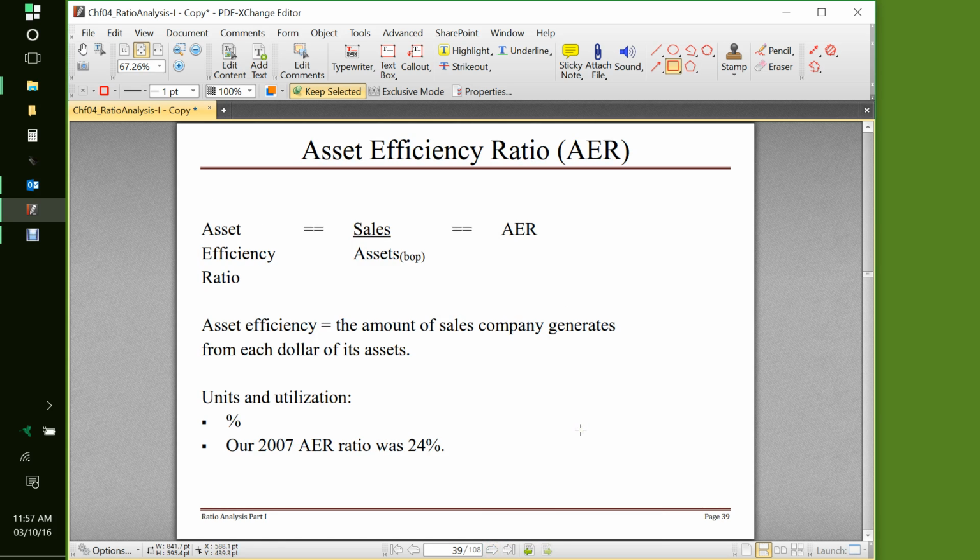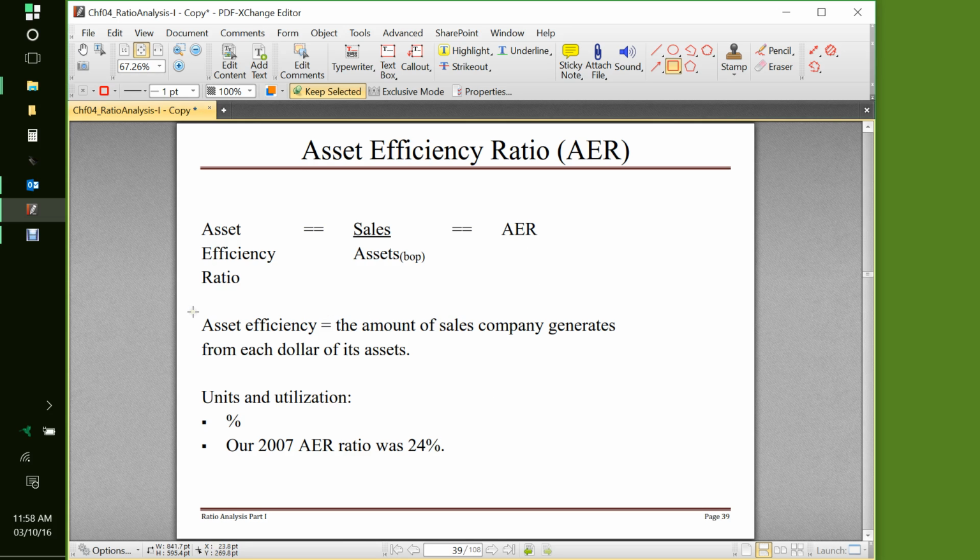All right. The first ratio we looked at to introduce the concept of ratio analysis was our asset efficiency ratio. And again, that was defined to be sales in a period divided by assets at the beginning of the period, and for short called the AER ratio sometimes. So what's our intuition on this?